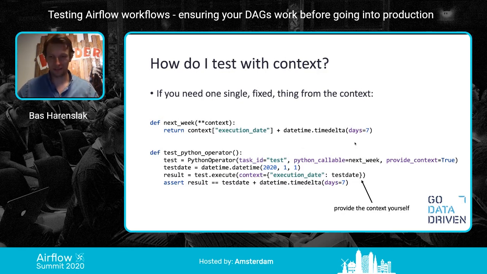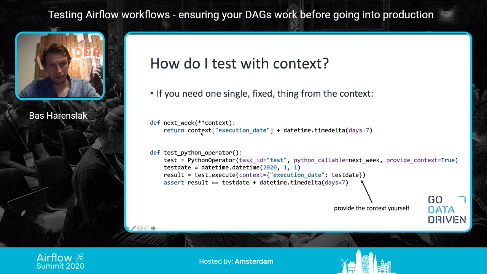Let's make it a little bit more complex. Let's say you want to test and use some context in there. Using the execution date from the context in your task is a very common task. And let's say we want to test with that. So once again, we're going to test a Python operator. And the Python callable, in this case, will call next week, which is this function.